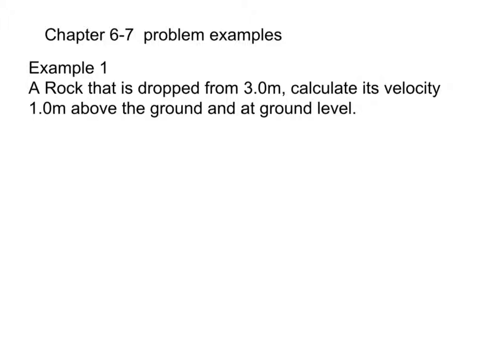So my total energy, we've got a height of 3 meters. So we're dropping the ball from here, and that was 3 meters. We want to see at 1 meter above the ground, what's the speed, and what's the speed at the ground.